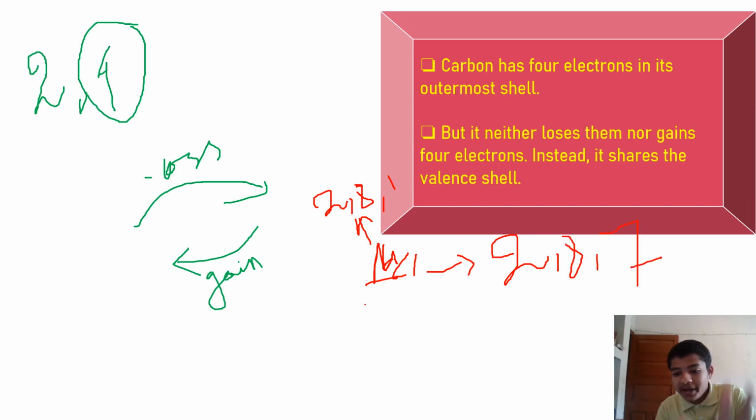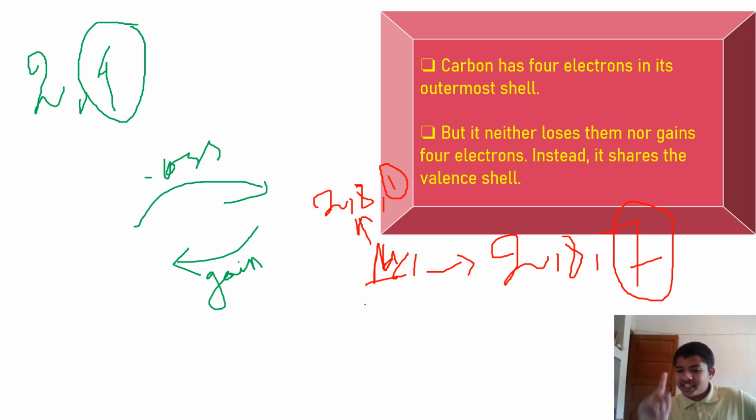Its atomic number is 17, therefore its electronic configuration is 2, 8, 7. So sodium has 1 electron in its outermost shell, and chlorine has 7 electrons in its outermost shell. To complete its octet, octet means simply that the outermost shell has to have 8 electrons, right?